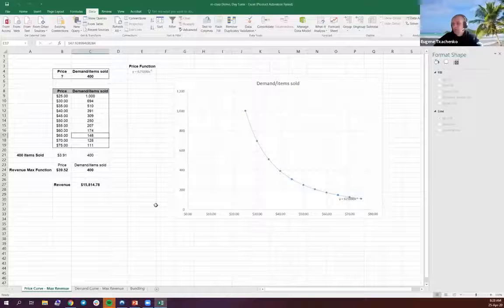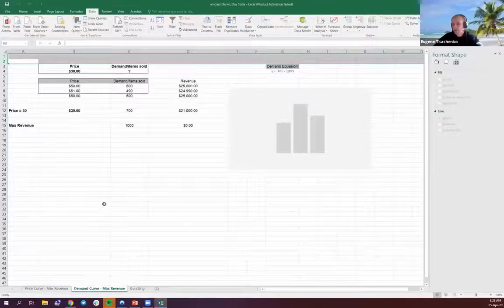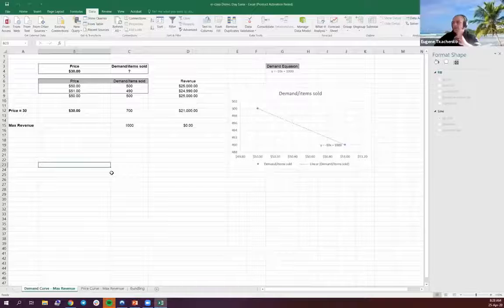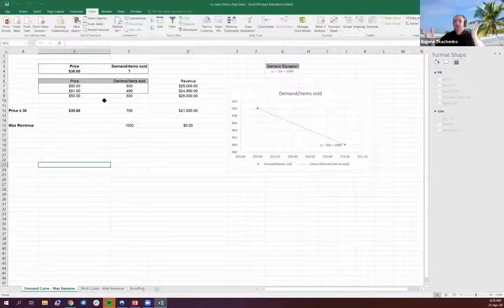Cool. So let's take a step back when we are trying to define the demand curve. The demand curve is a slightly different thing because, depending on what kind of information I have at this point in time, you will be articulating either with price values or with demand values.